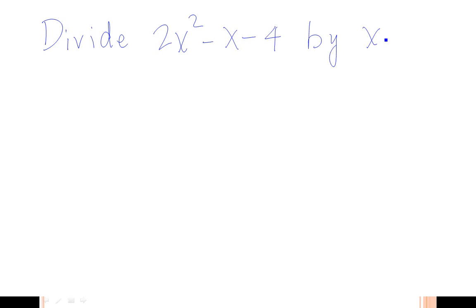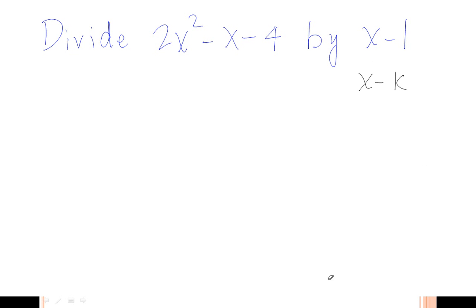So let's get started with some more examples. We're going to divide 2x squared minus x minus 4 by x minus 1. Now the reason that we can use synthetic division here is because we have the form x minus k.